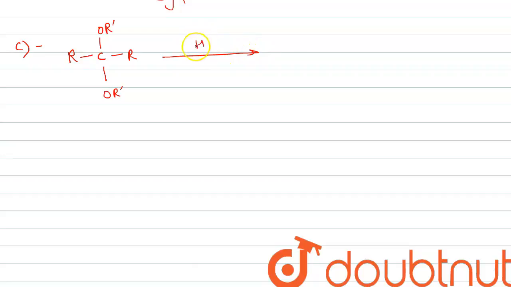In presence of H plus, it gives this product, the carbonyl group. And in presence of base, no reaction occurs.